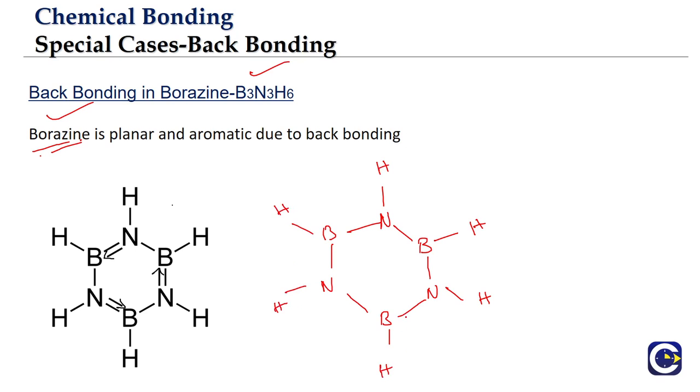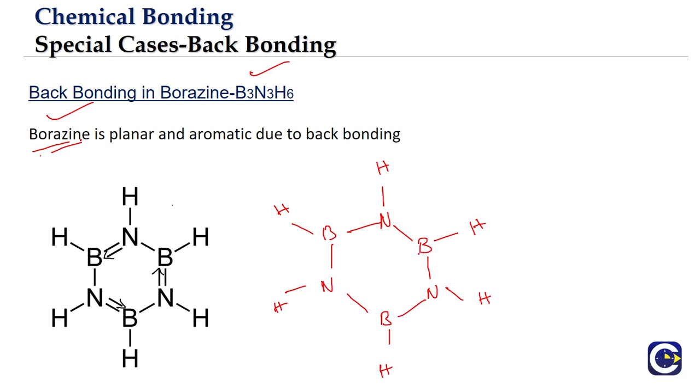But in B3N3H6, it is observed that we have back bonding, because in the ring, when we look at the bond characteristics of the boron nitrogen bond, the bond characteristics will be intermediate between that of a single bond and a double bond.